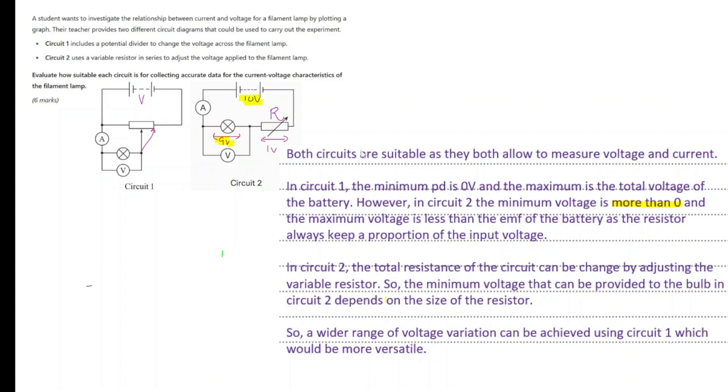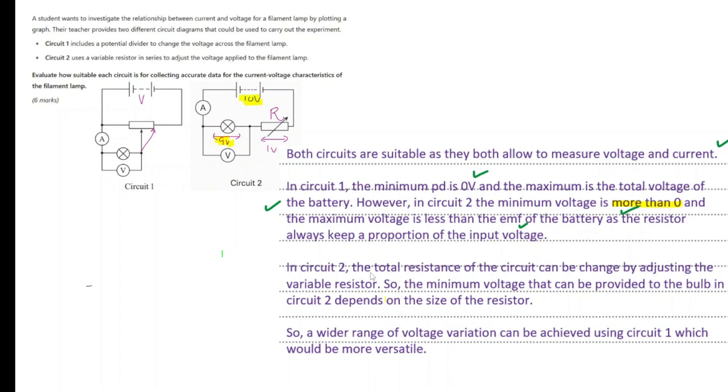Now for 6 marks, we can talk about how both circuits are suitable. We can talk about in circuit 1, the minimum PD is 0 and the maximum is the total voltage of the battery or the EMF, provided that the internal resistance, lowercase r, is 0. Then in the second one, the minimum voltage is more than 0 and the maximum is less than the EMF.